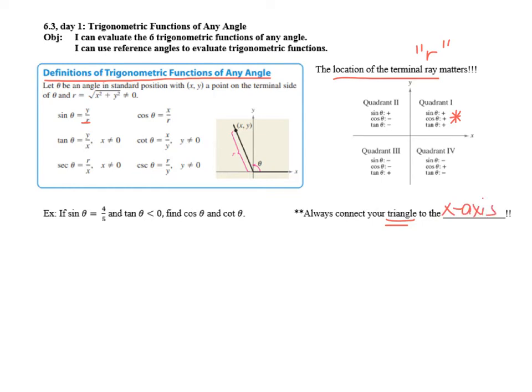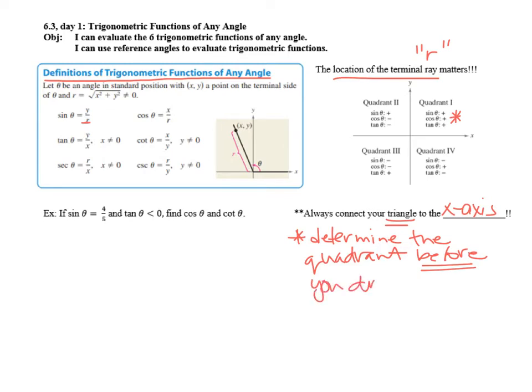Another thing to remember is to determine your quadrant before you draw your triangle. And this will save a little bit of extra time. So determine your quadrant before you draw your triangle.